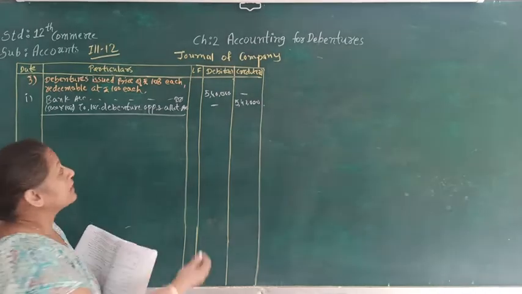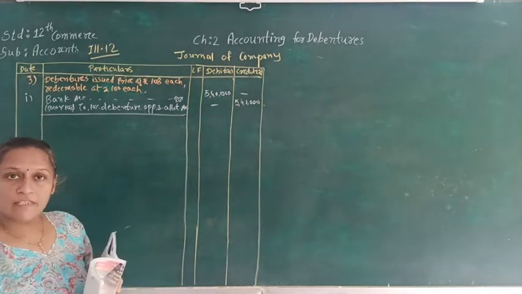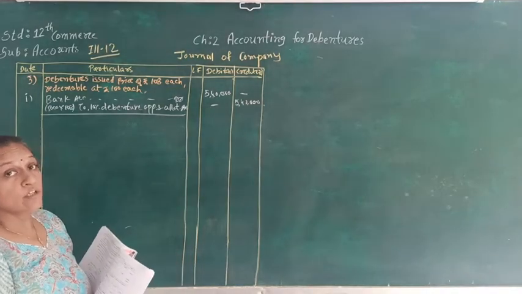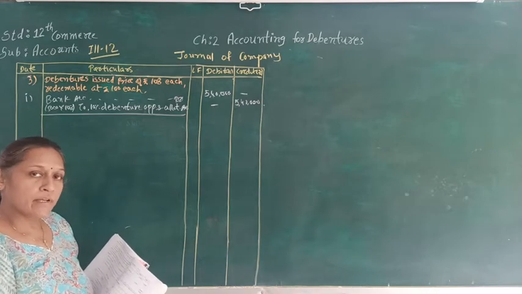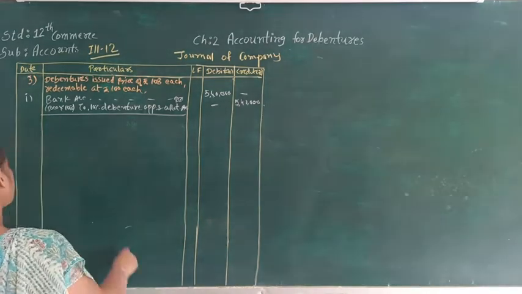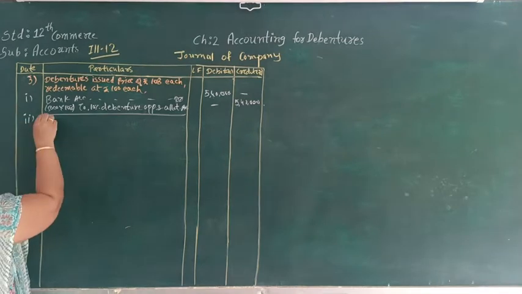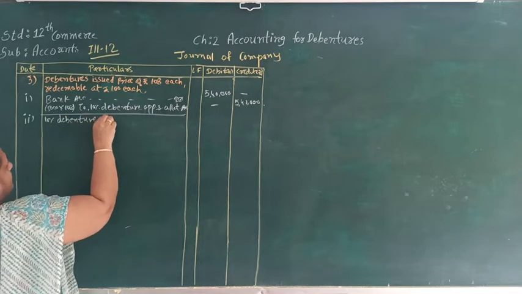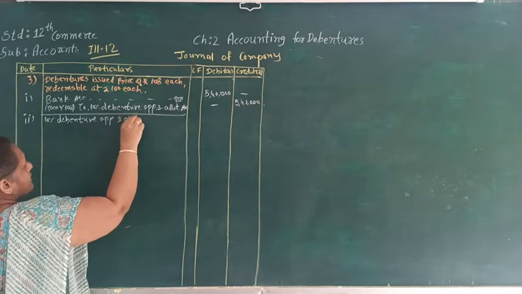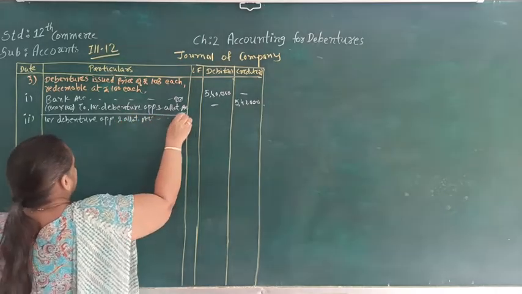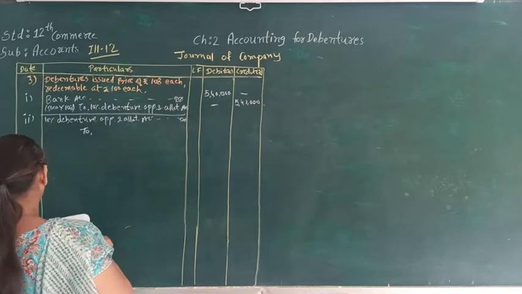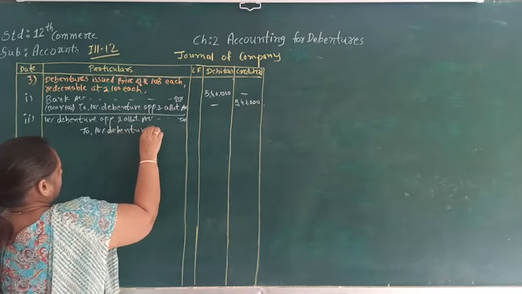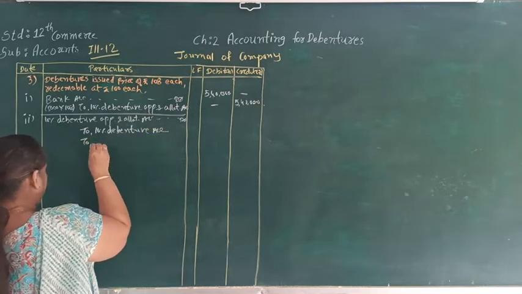As we know that the 8 rupees is a security premium, our journal entry will be 10% debenture application and allotment account debit to 10% debenture account and to security premium reserve account.